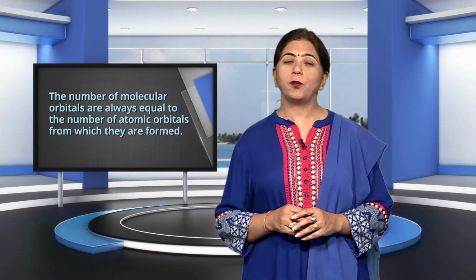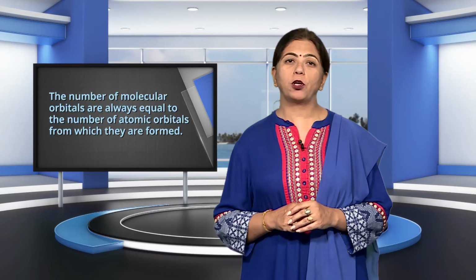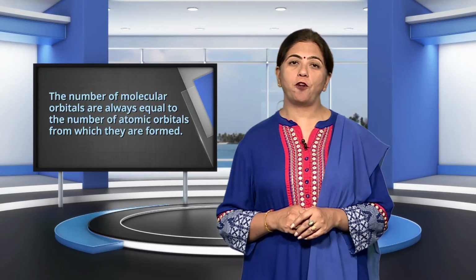So, let us summarize what we have studied today. The molecular orbital theory describes the bonding in terms of the combination and arrangement of atomic orbitals to form molecular orbitals that are associated with the molecule as a whole. The number of molecular orbitals is always equal to the number of atomic orbitals from which they are formed.